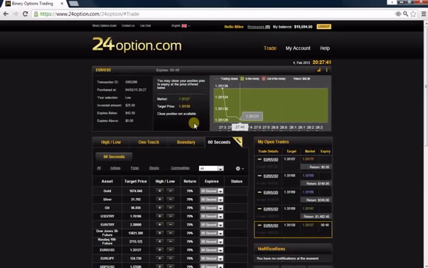Okay, so we're at 15 minutes of trading, and we've already made a few $100s. So it's extremely profitable. And as you can see from our balance, we've just been hammering away here with 60-second options, and you can really make some amazing profits.